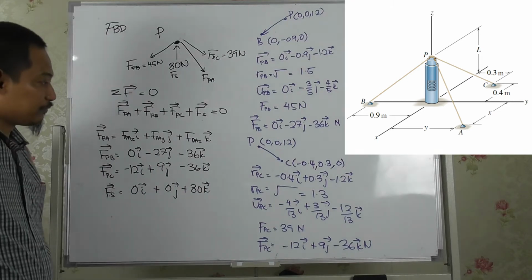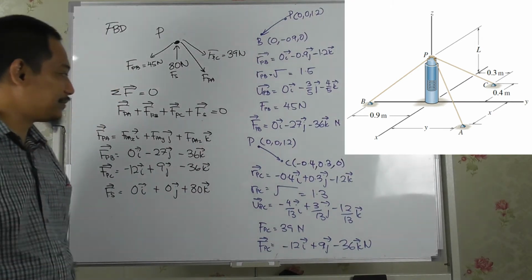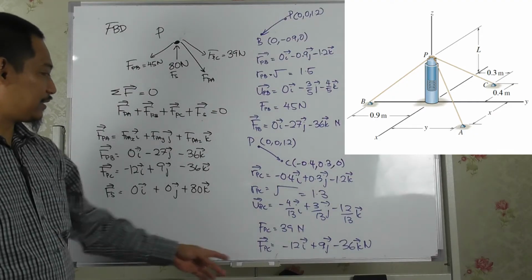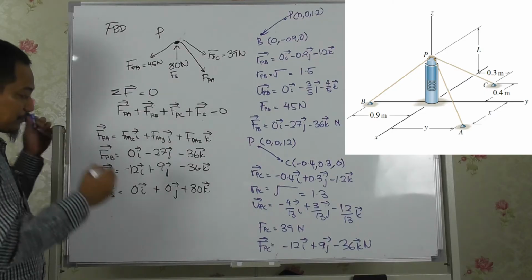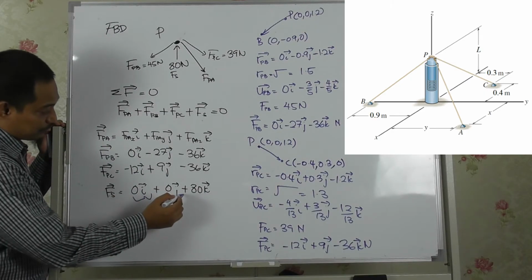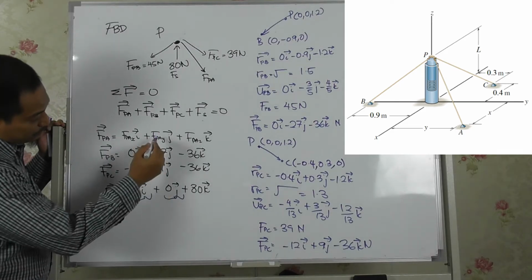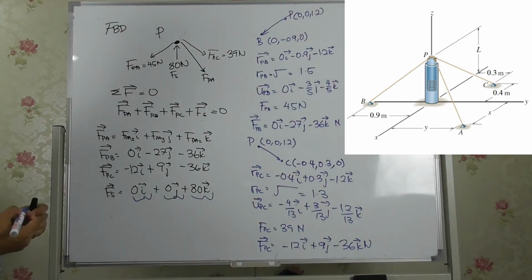Okay, so hopefully there's no other mistake in that part and in this part. So from the summation of forces equal to 0, we can see that doing the summation of Fx you can solve this one, doing the summation of Fy you can solve for this one, doing the summation of Fz you can solve for this one, right?